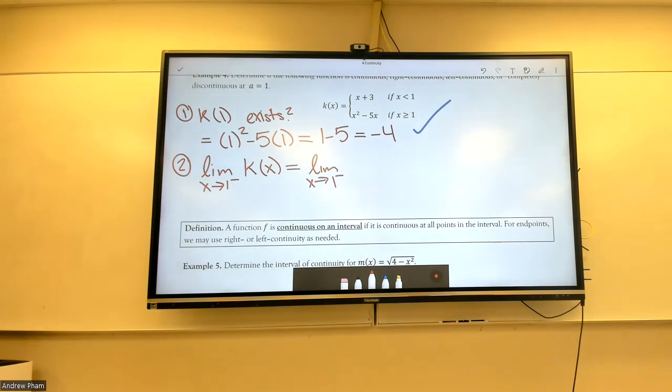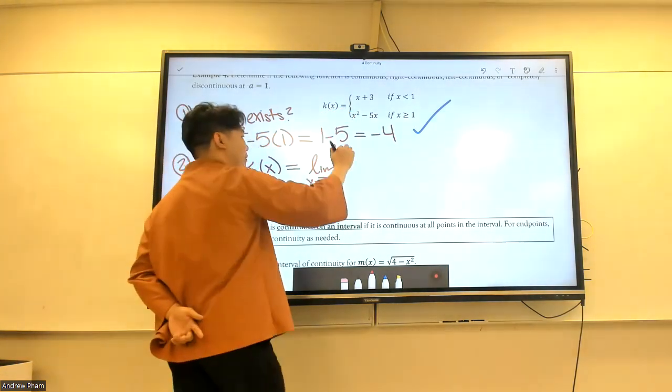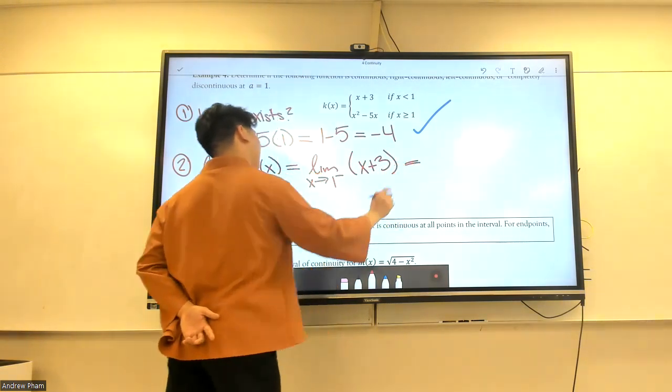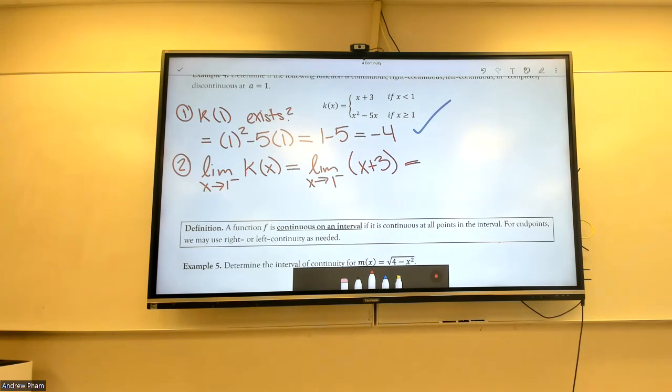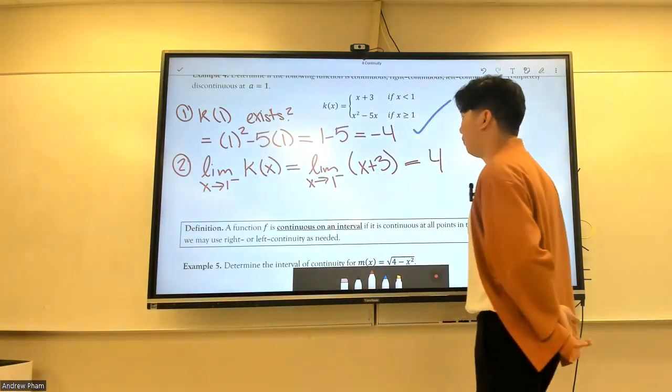Which one of these functions am I using for the left-hand limit, the top one or the bottom one? The top one, because again, we said when x is smaller than 1, that means to the left of 1. Since I'm working with the left-hand limit, I should work with this one up here. All right, so what is this going to be equal to? Yeah, again, if I can plug in my number, then we can go ahead and do that. We get 1 plus 3, we get 4.